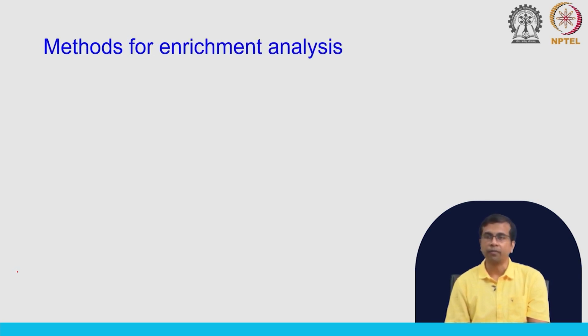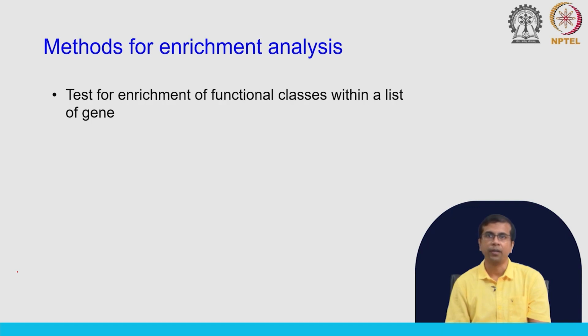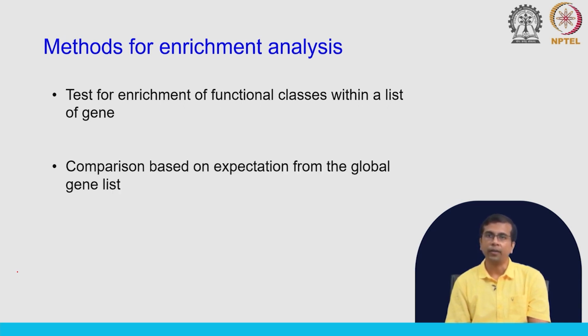The methods for enrichment analysis test for enrichment of functional classes within a list of genes. In our scenario, where we have done the differential expression analysis, this list of genes will be the genes that are differentially expressed. These methods test whether certain functional classes are enriched within that list, and they usually compare this based on expectation from a global gene list.